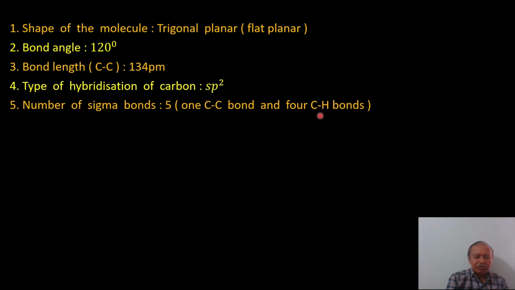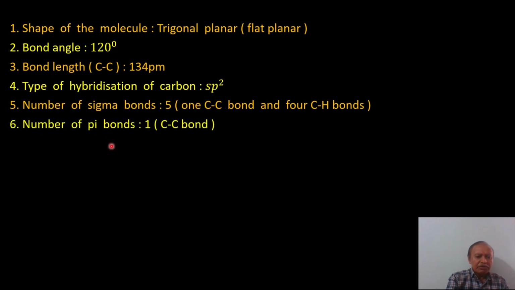There are 4 hydrogen atoms, so each carbon atom is bonded to 2 hydrogen atoms. So 2 plus 2, that is 4 carbon to hydrogen bonds. All these are sigma bonds, altogether 5 sigma bonds.